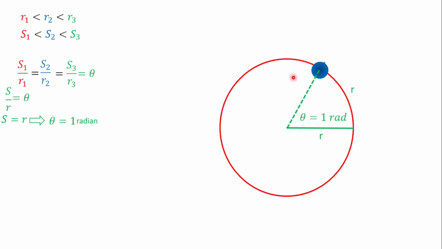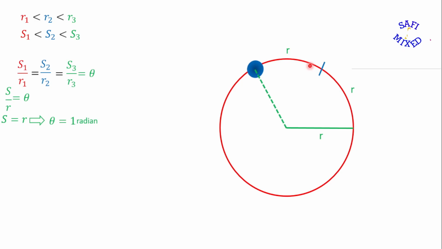Now I further rotate the ball over the same circle, and now this arc length is again equal to 1 radius, so I write that over here, and now the total central angle from the initial position equals 2 radian. Let me move the ball further over the circle and see what happens.